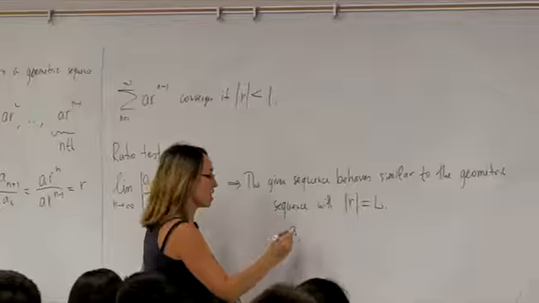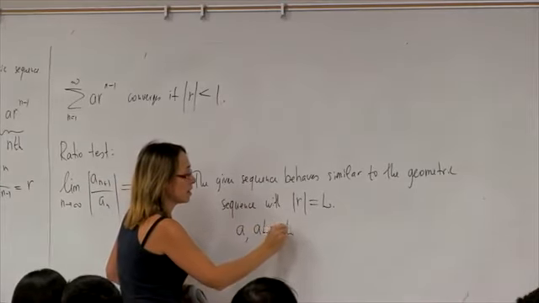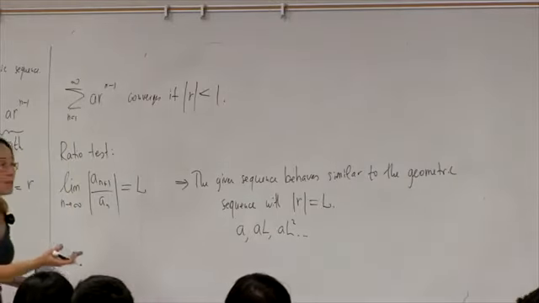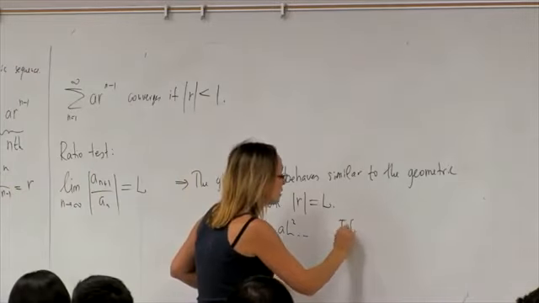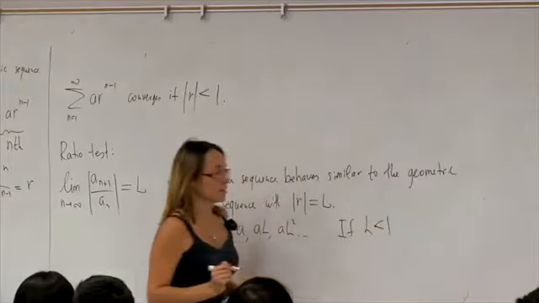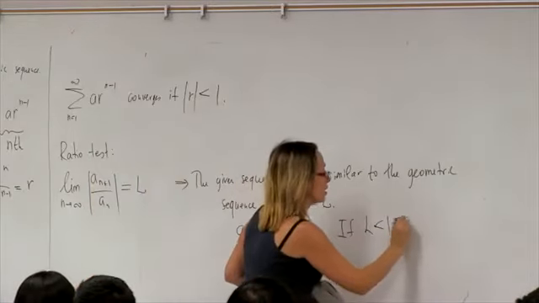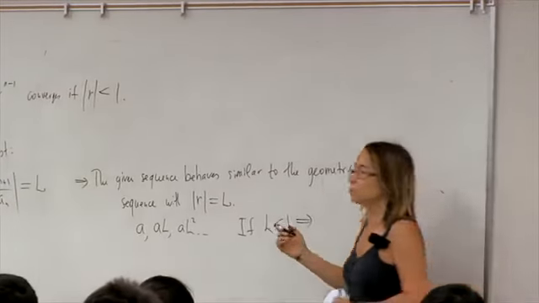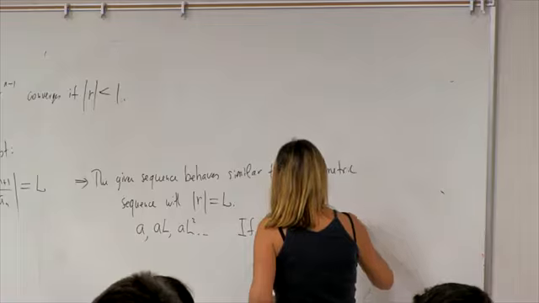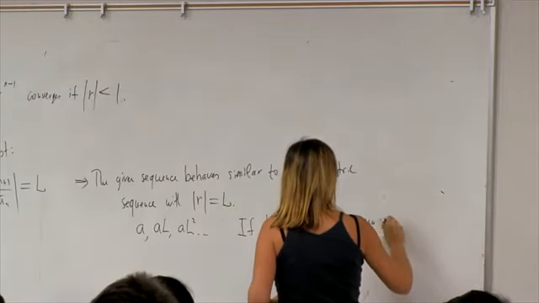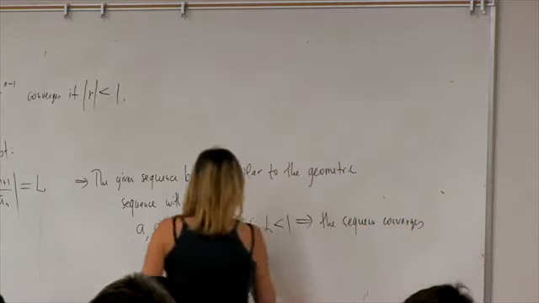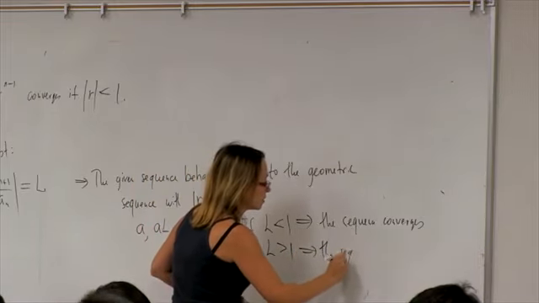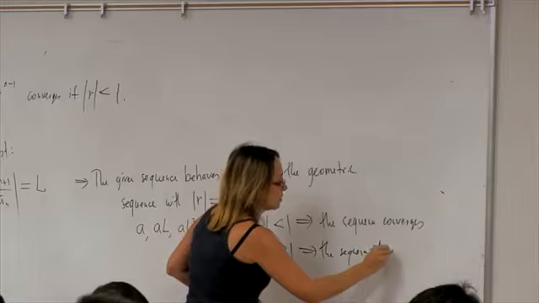So it's some number a, aL, aL squared, and so on. And now you can see very clearly that if L is less than 1, then the geometric sequence will converge, and therefore the given series will converge. And if L is greater than 1, the series diverges.